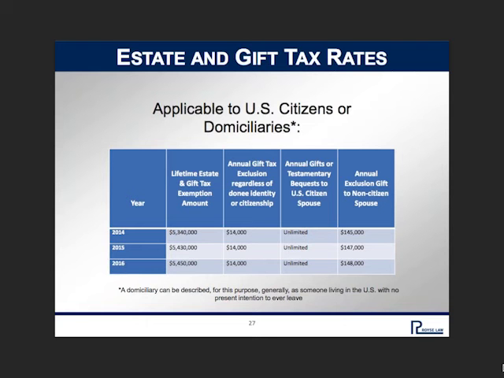The fact that she is a non-citizen affects how much I can give to her without any estate tax. So even if she has a green card, a green card doesn't solve this problem.